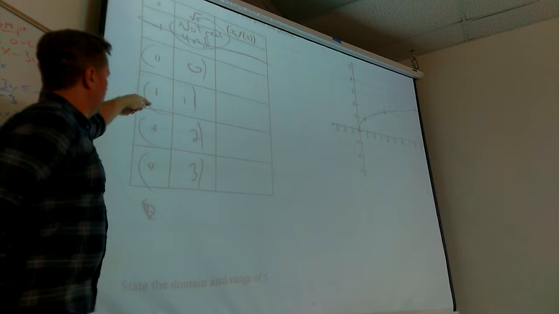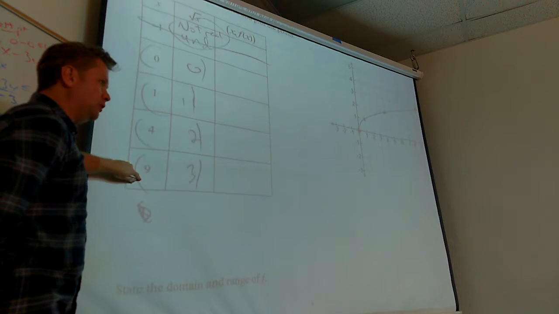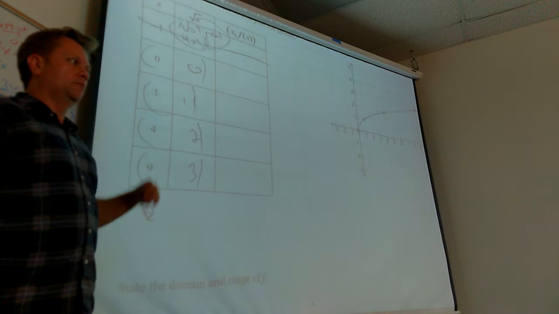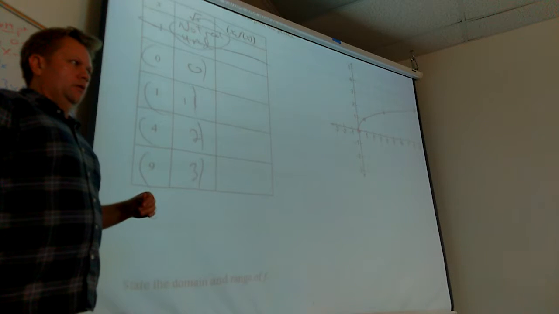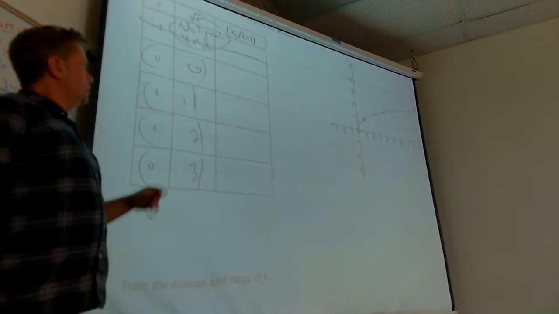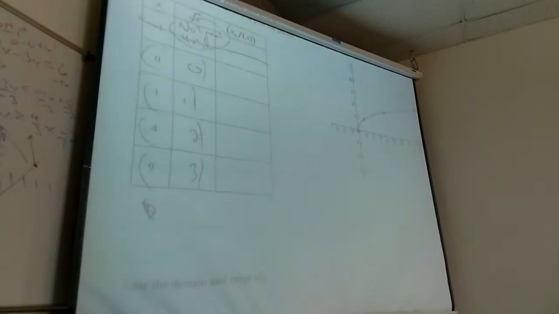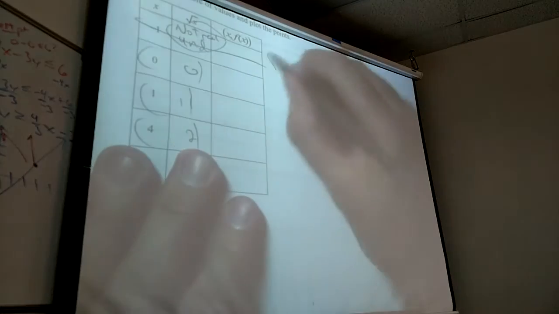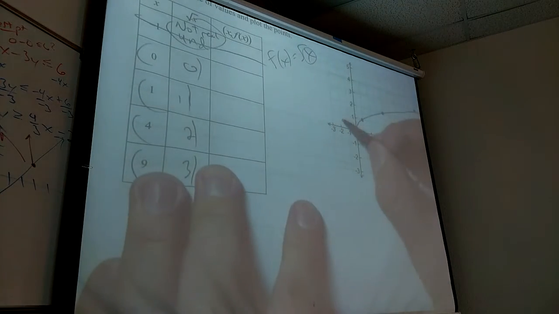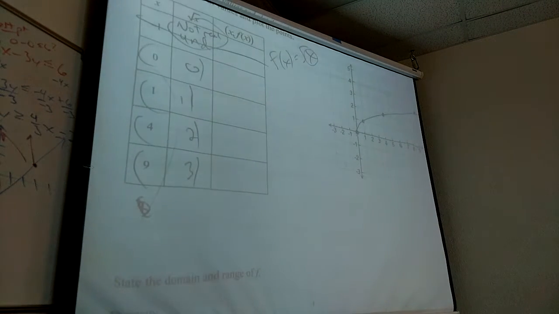So I put here what would have been the outputs of a square question, because this is the opposite of that. The numbers you plug in yourself are always going to be x values, but this is f of x equals square root of x, so my input is the number that goes inside. I want to use numbers that I can actually do the square root of. Okay, I like it.